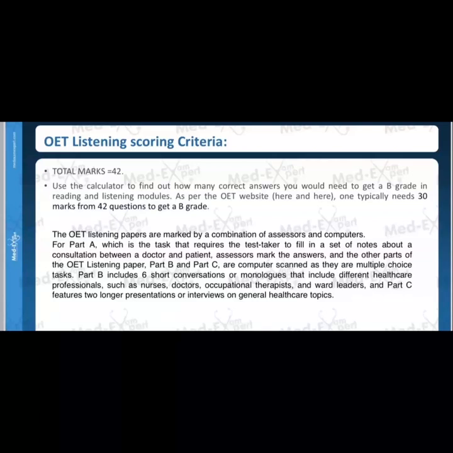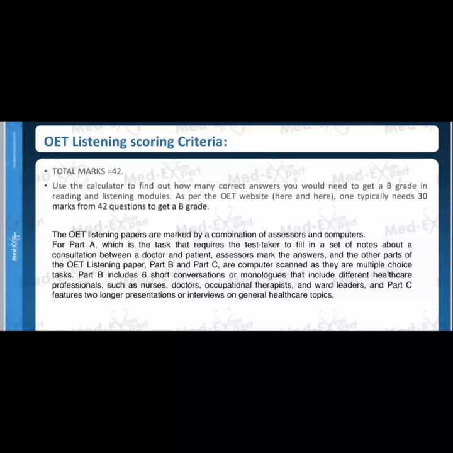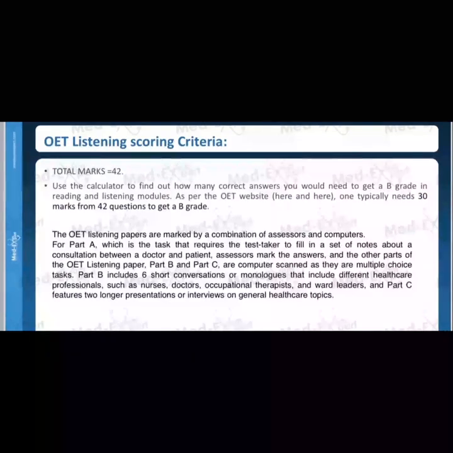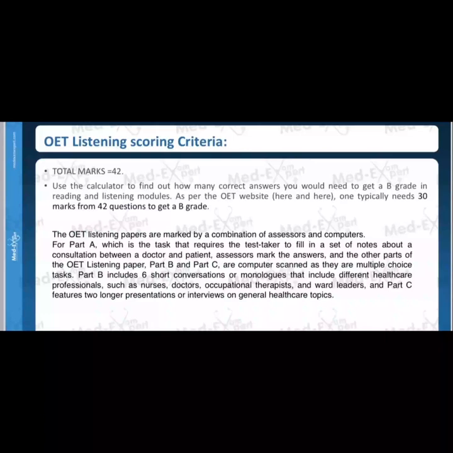Okay. So there is some marks distribution according to the parts of the listening module. We know that there are 3 parts, part A, part B, and part C. The OET listening papers are marked by a combination of assessors and computers. Part A is basically filling the blanks.